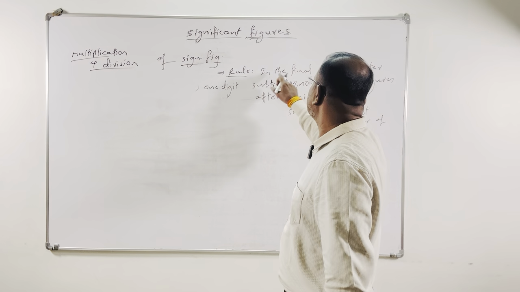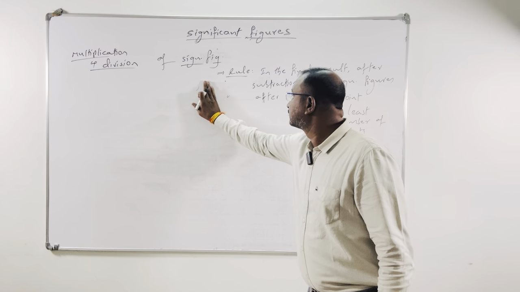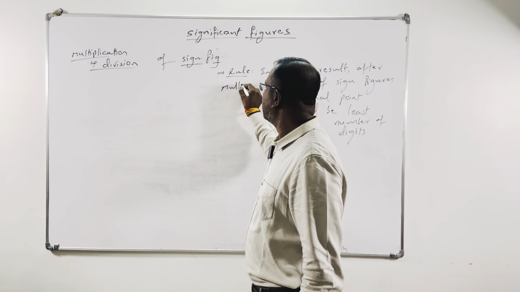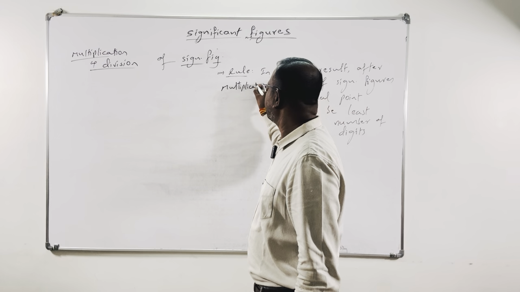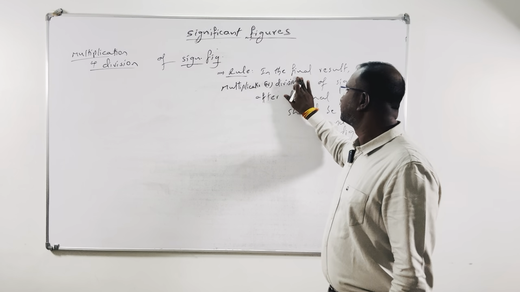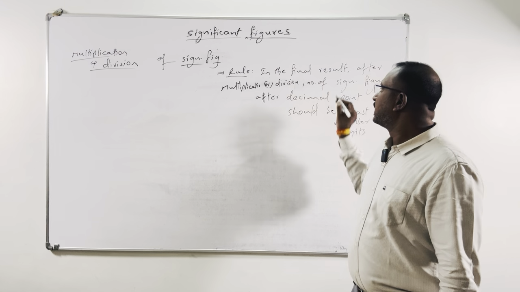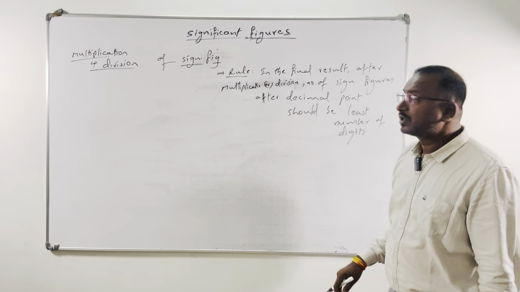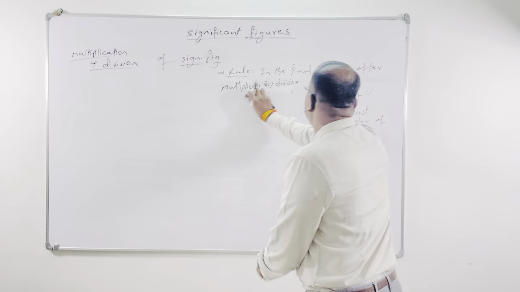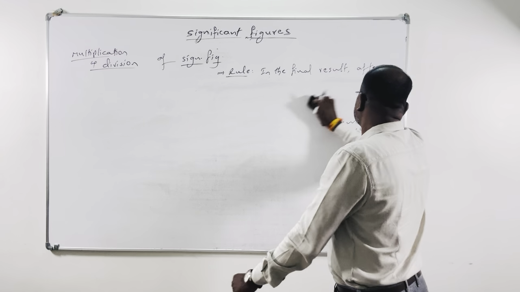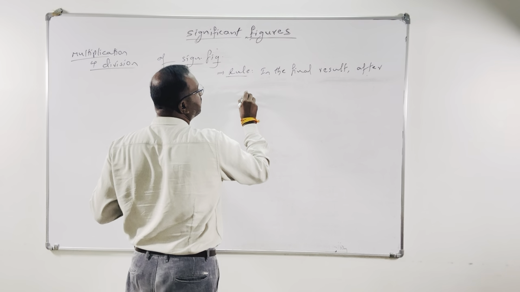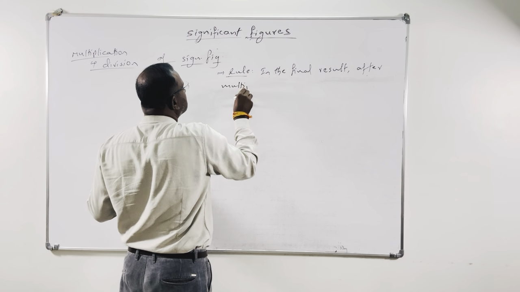What does that rule mean? In the final result, after multiplication or division, the total number of significant figures, I'll write it neatly, not like addition and subtraction here.